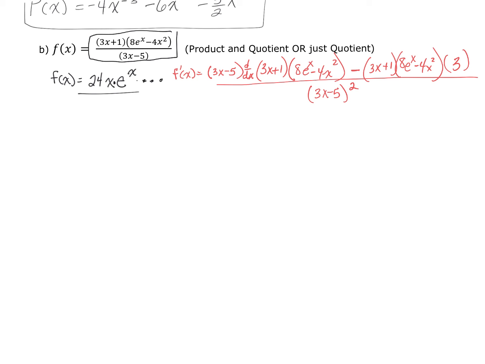So I actually have not taken the derivative of this product yet. I still have to do that. We'll do that on our next step.